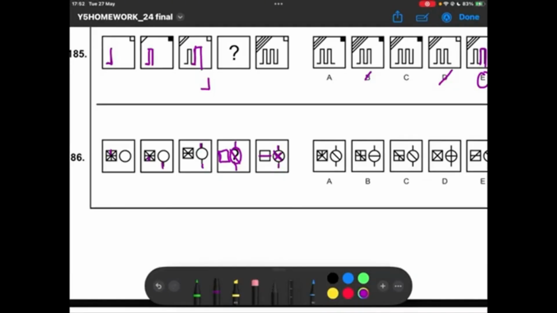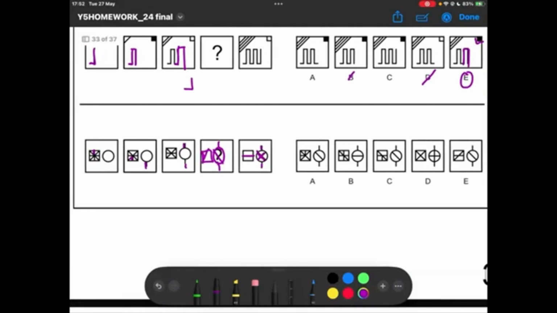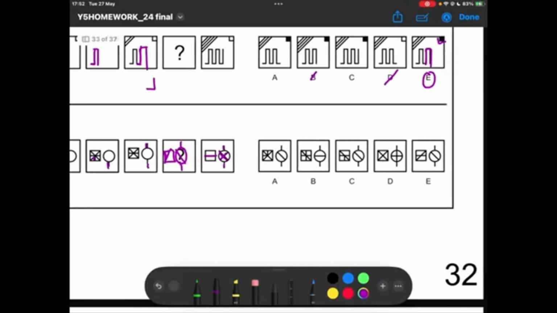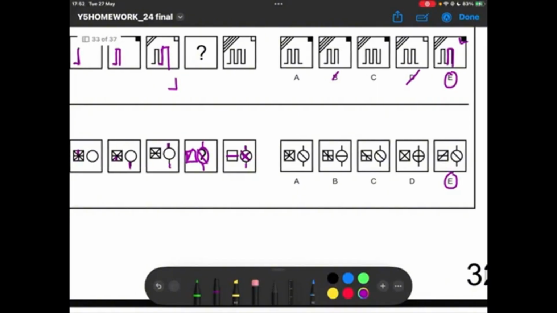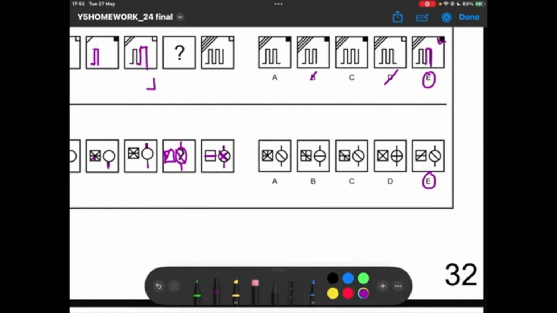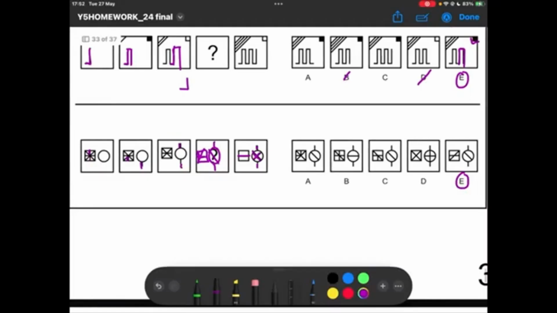So I'm assuming we're just going to be left with one diagonal one going through the middle. So the answer to this one is E, because we're going to have that one which is still present in the last box, and then one diagonal line going right through the middle.